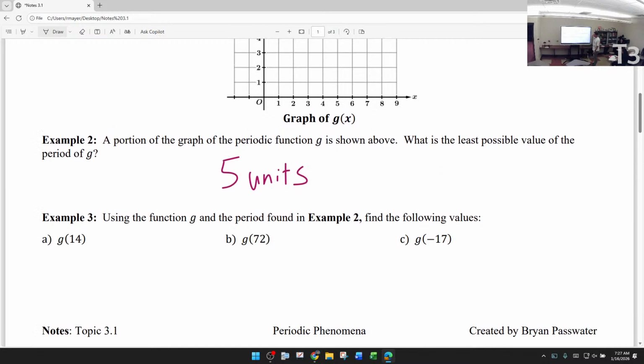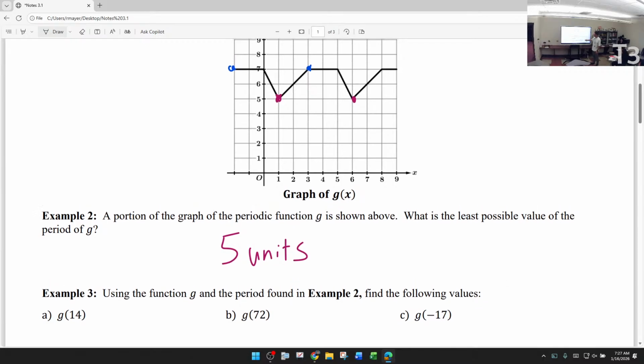Using g in example 2, find the following values. G of 14. Well, I do not want to draw this out to 14. Because if you look ahead, 72, I'm for sure not going to draw that out to 72.